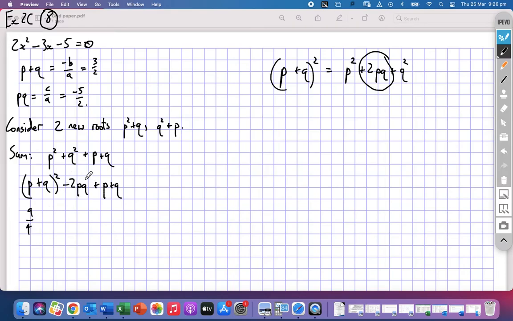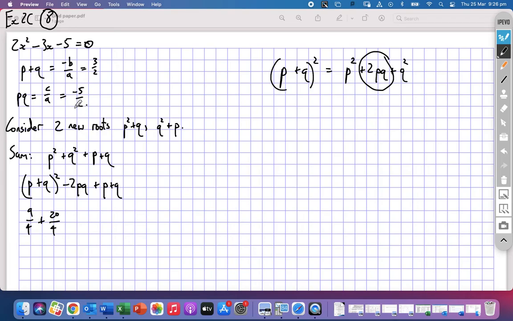Minus 2pq, all right, so it's minus 2 times minus 5 on 2, that's 10 on 2, so that'll be plus 5. Actually, let's write that as 20 on 4. Okay, so I've just done the 2pq, all right.